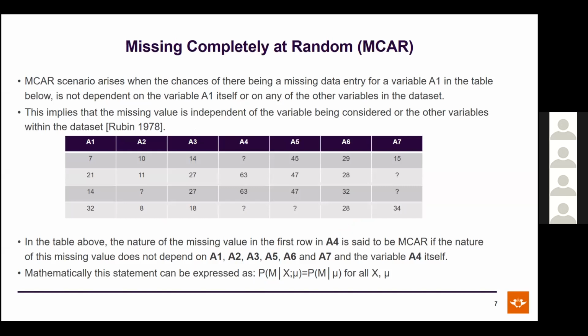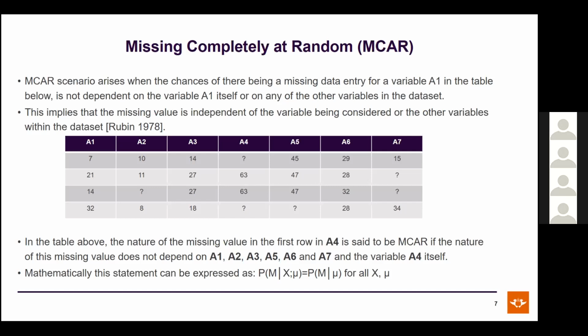So missing completely at random, this scenario arises basically when the chances of there being missing data entry for a variable. So we're going to use the table below. We have A1 to A7. In this case, we're going to focus on A1.